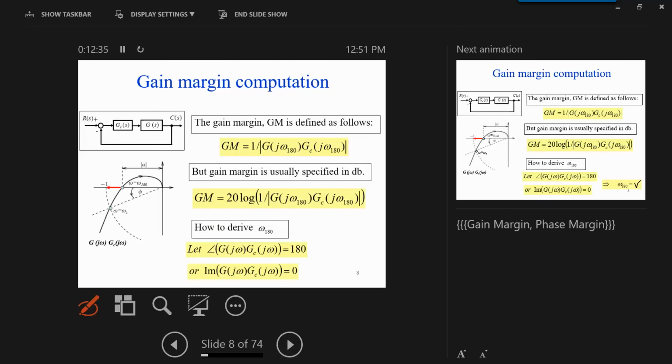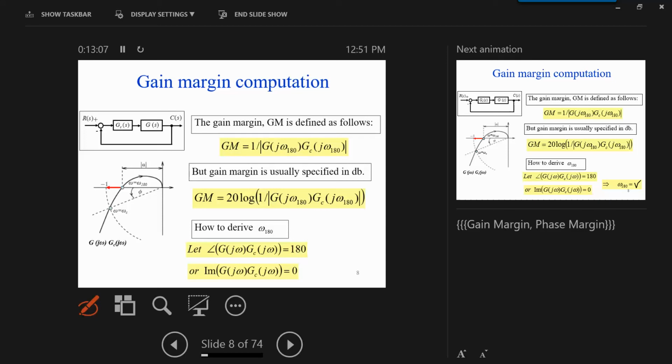So this is basically what we have said before. The gain margin, therefore, is 1 over the magnitude of G(j omega) at the 180 degree phase crossover frequency, and this is this frequency here. This is the 180 degree crossover.